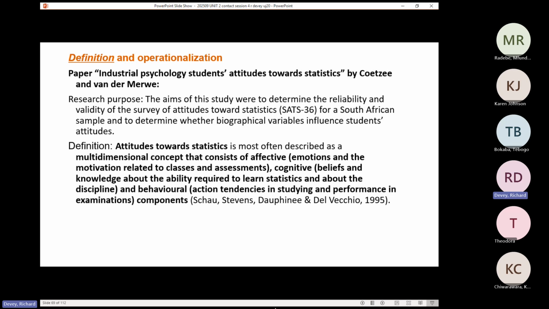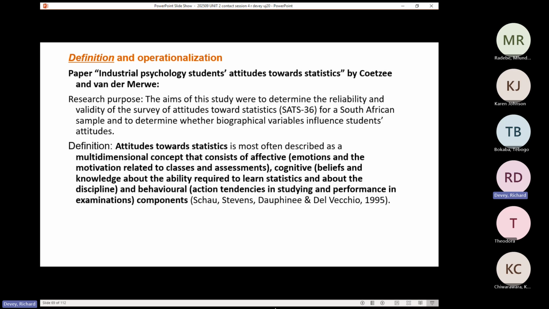They argue that attitudes towards statistics is a multidimensional concept, and that it consists of affective, cognitive, and behavioral components. So there's three components to this attitude towards statistics.